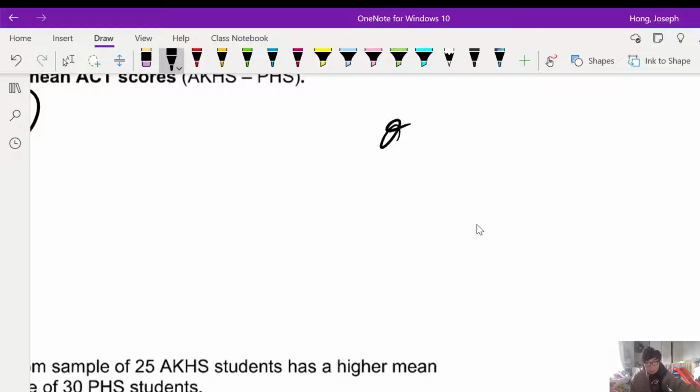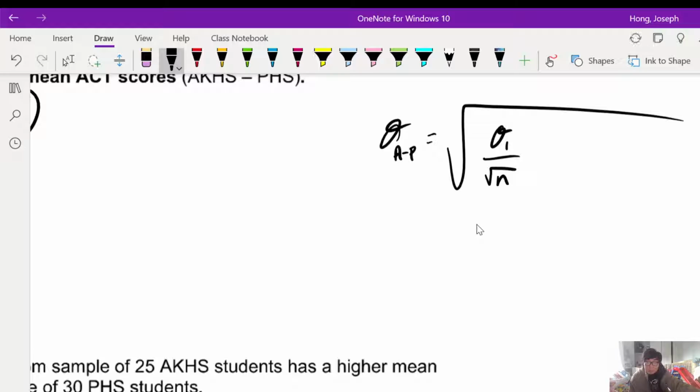The standard deviation of A minus P, in context, is going to be the square root of the standard deviation of the population of AKHS divided by the square root of the sample size, squared, plus the standard deviation of the population of the second, this should be an A and this should be a P, divided by the square root of the sample size of P, squared.